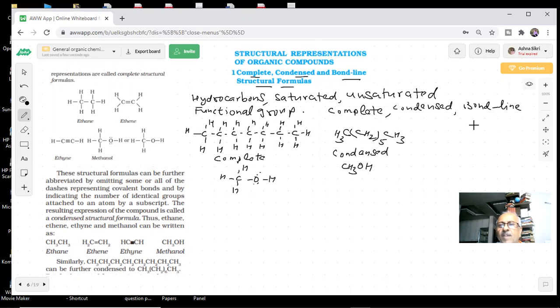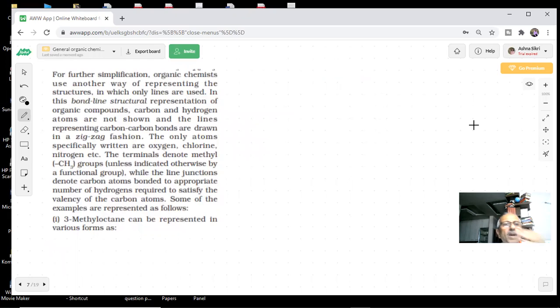Even this we can represent by a bond line representation. What do we do in bond line representation? It is another way of representing structure in which only lines are used.